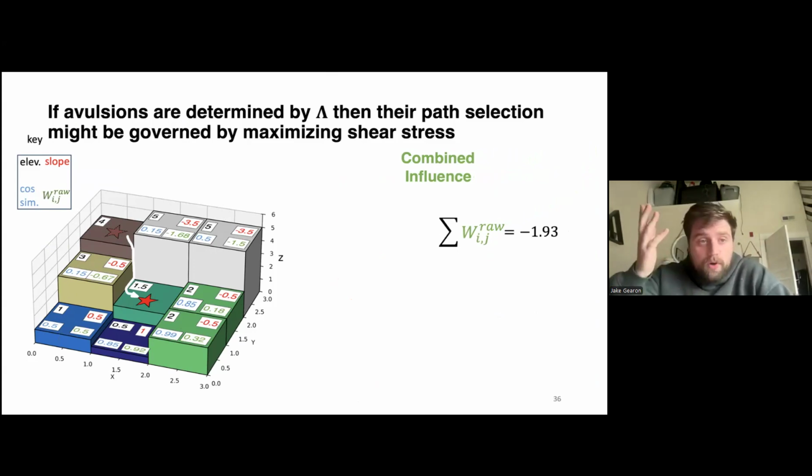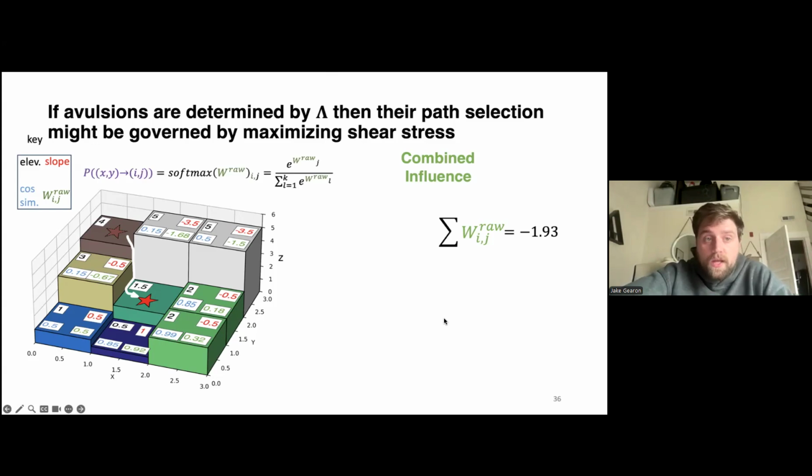But we have a problem. I said probability, but the sum of these scores is negative. That just logically doesn't make any sense. So we can't say anything about the probability of movement from this central position to any of these other positions unless we have a valid probability distribution that represents the favorability of changing location.